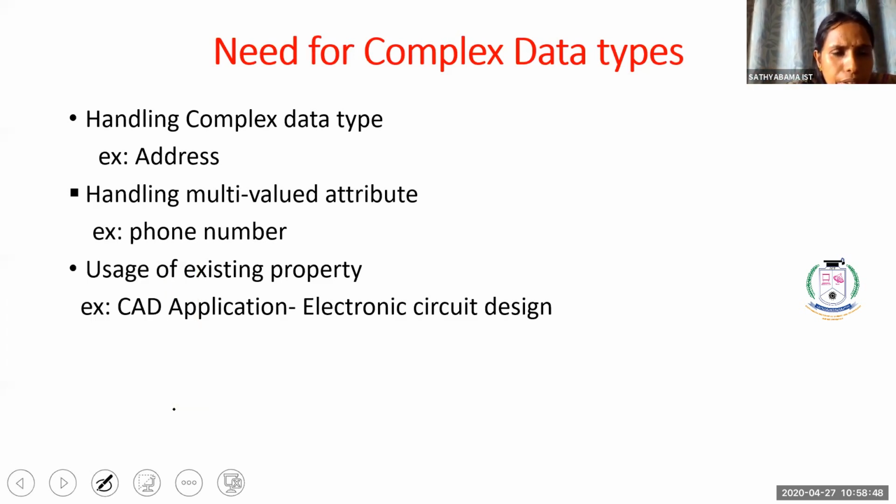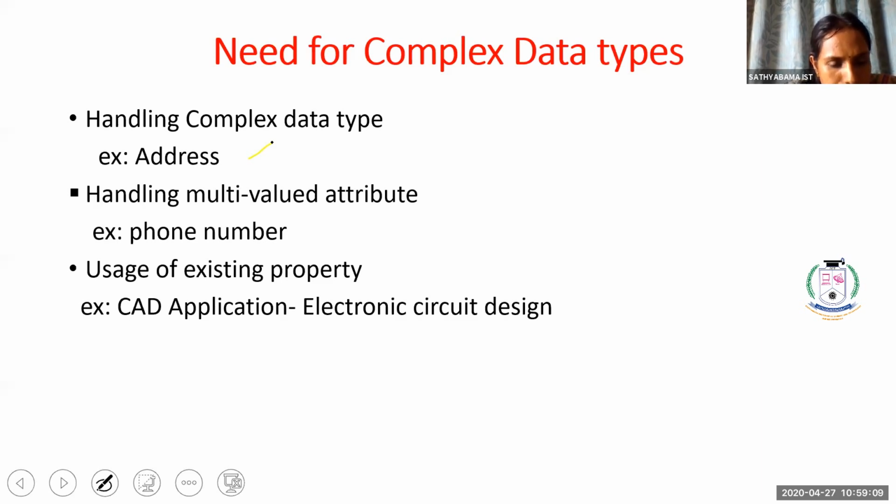Suppose for example here we have the address. When you specify this kind of complex data type, the address is composed of maybe a door number, street and city, as well as the code. So we have some different columns.